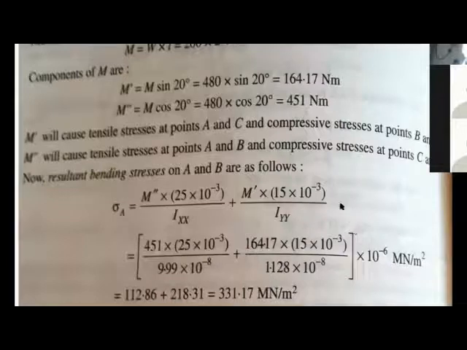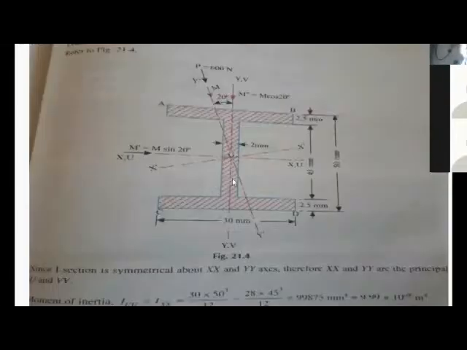Now we'll go to the signs. Let's go back again to the previous diagram. When the vertical load is applied like this on the cantilever, how does it bend in the vertical plane? Top convex and bottom concave, so top tension and bottom compression. So the moment about UU produces tension on top and compression at the bottom.